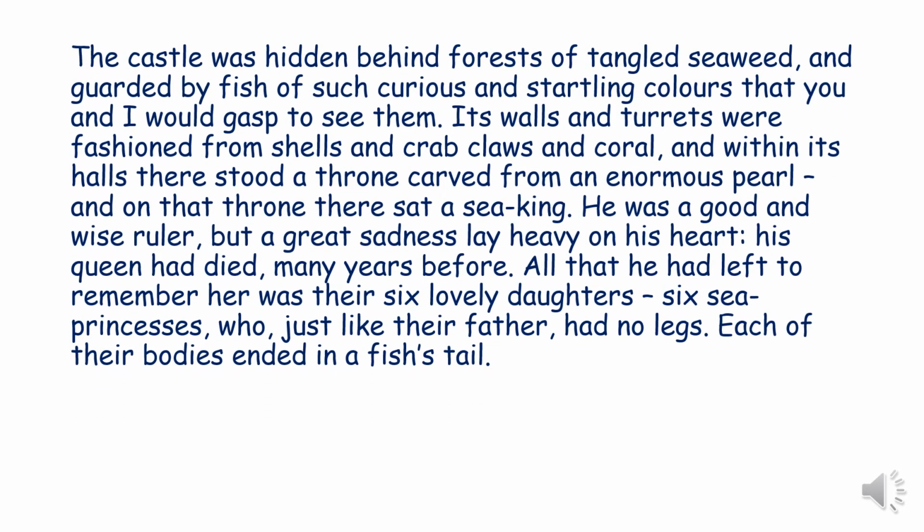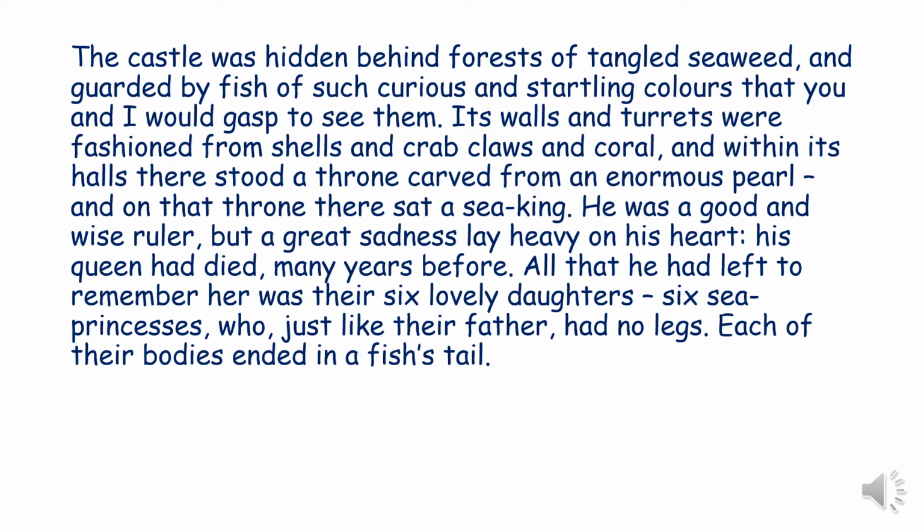The castle was hidden behind forests of tangled seaweed and guarded by fish of such curious and startling colours that you and I would gasp to see them. Its walls and turrets were fashioned from shells and crab claws and coral, and within its halls there stood a throne, carved from an enormous pearl, and on that throne there sat a sea king.